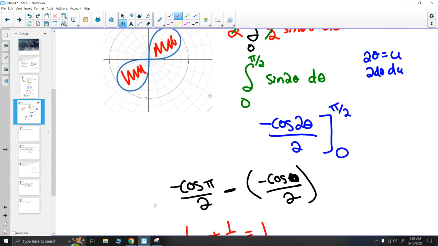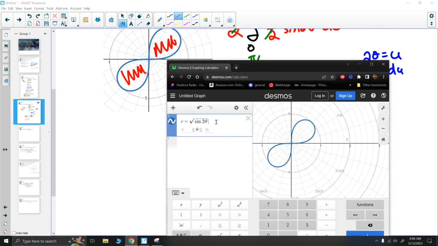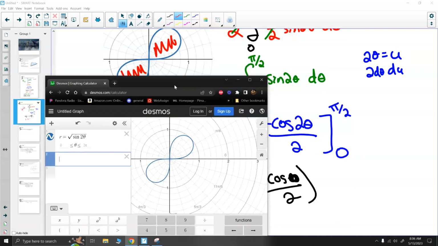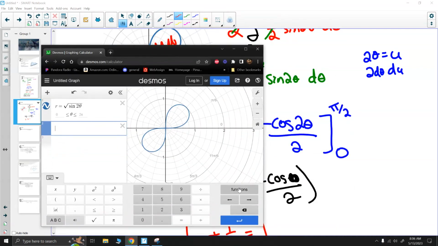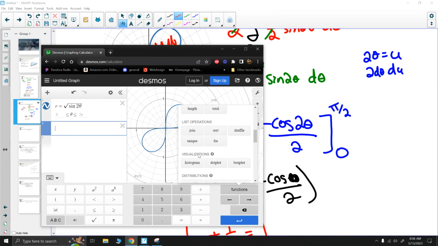Now, I just want to point out that we do need to be aware, when we are integrating these things, that whenever possible I break them into smaller regions just to avoid any potential overlap issues.